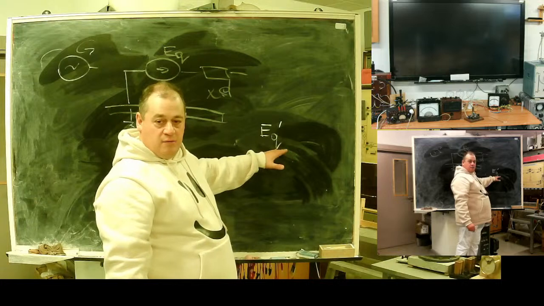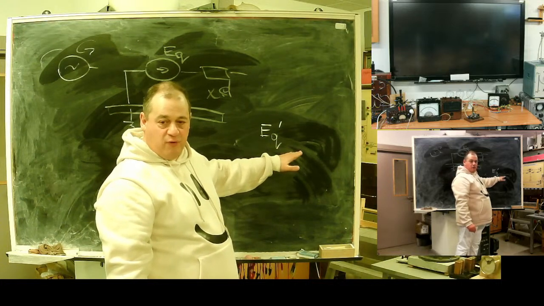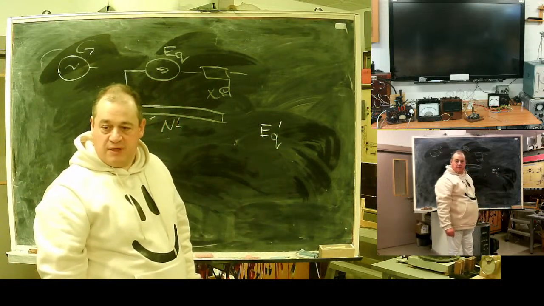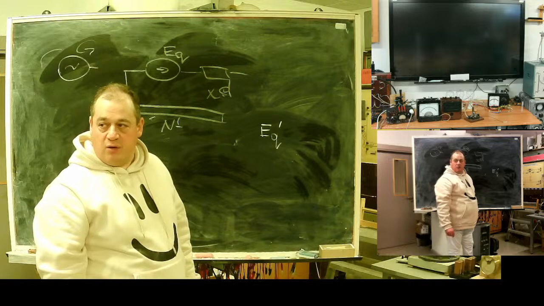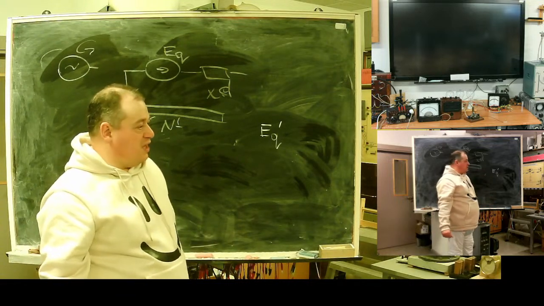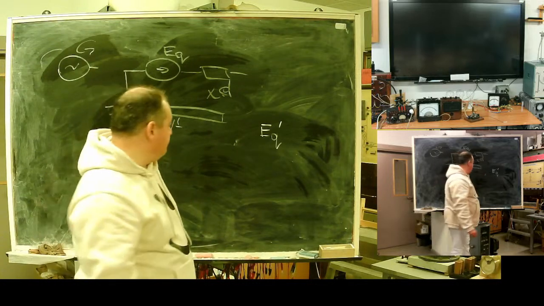For any rotating generator in the first moments of the fault, transient EMF should be used. It takes into account transients in the magnetic system of the generator. It's approximately 5 to 7% higher.